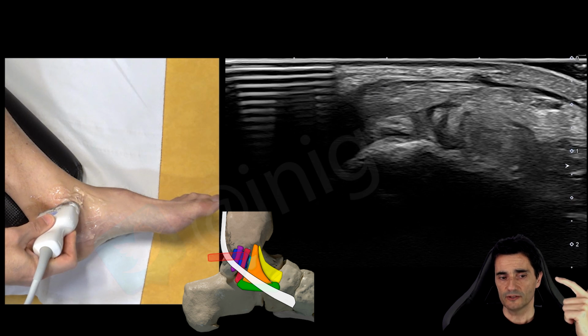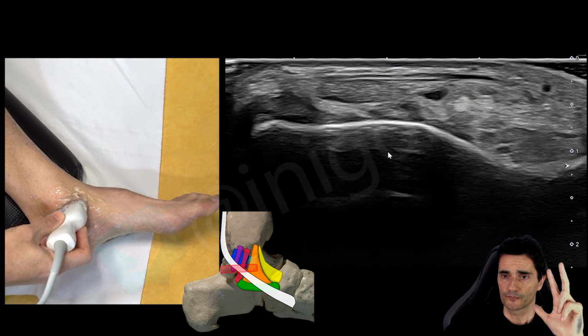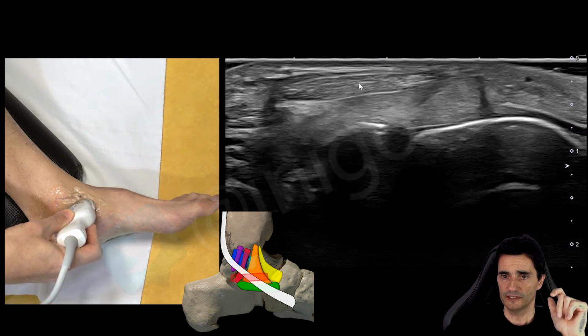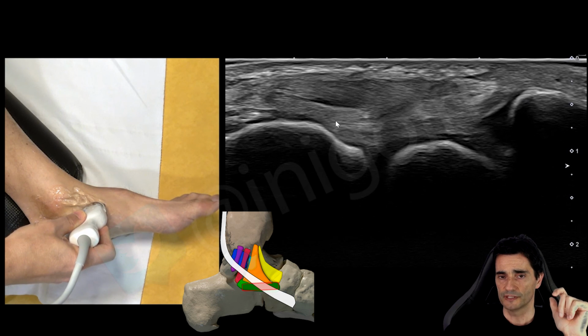We will follow this tendon with this oblique axis till it passes between 3 bones. We follow distally, and here there are 3 bones. This is the calcaneus, this is the head of the talus, and this is the navicular bone.